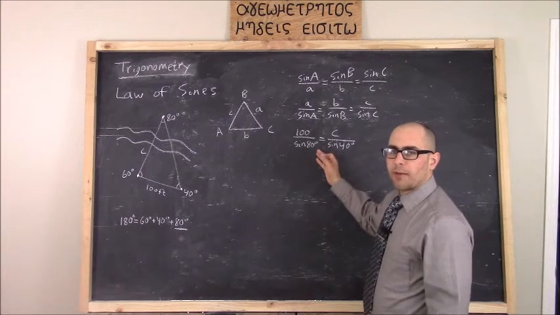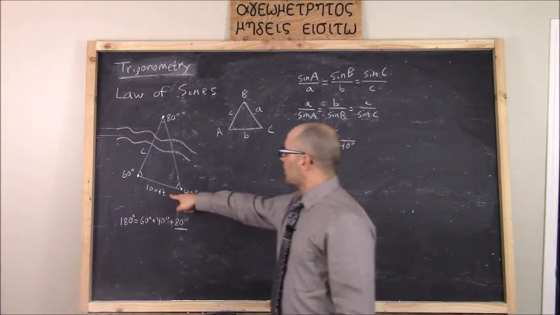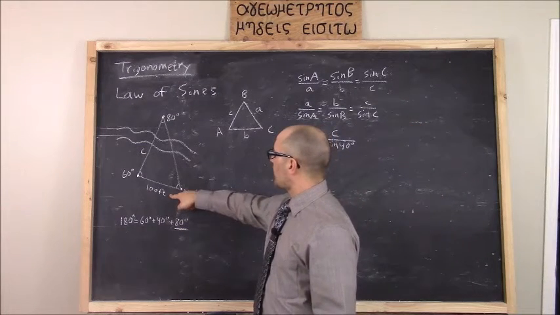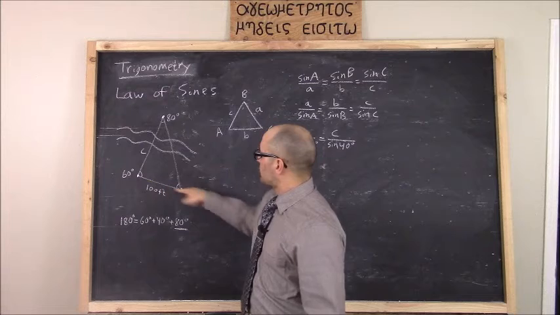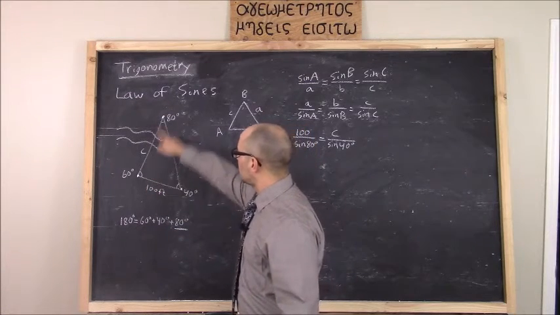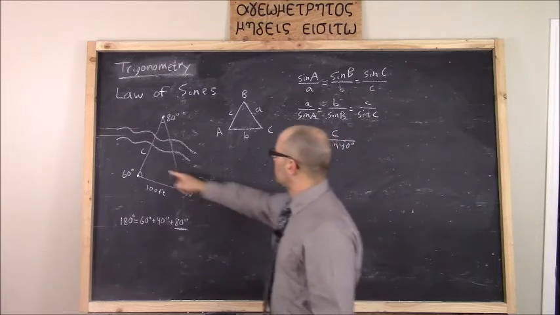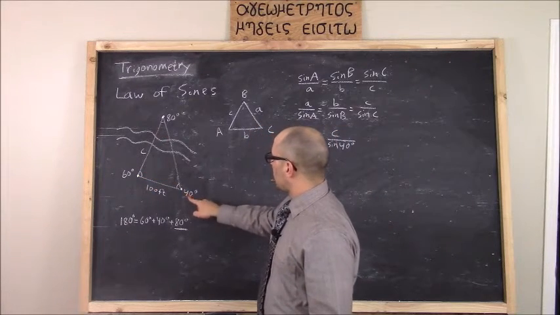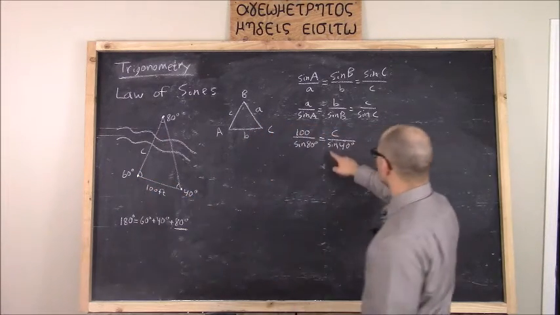So here I've set up my ratio. 100 feet over the sine of 80 degrees, side matched with the opposite angle, is equal to side c divided by the opposite angle, 40 degrees.